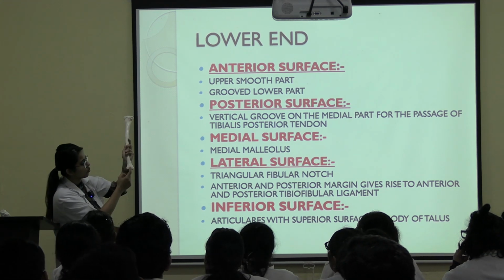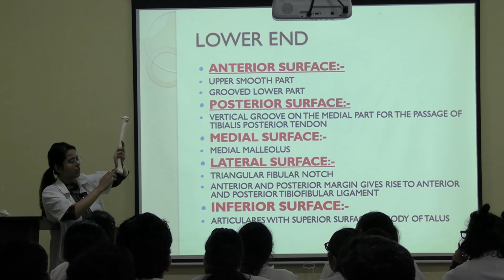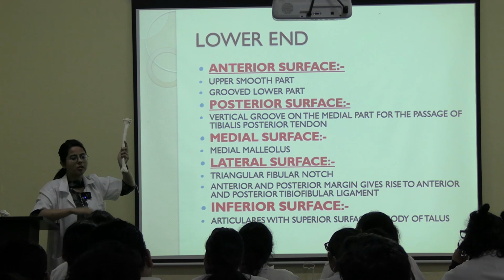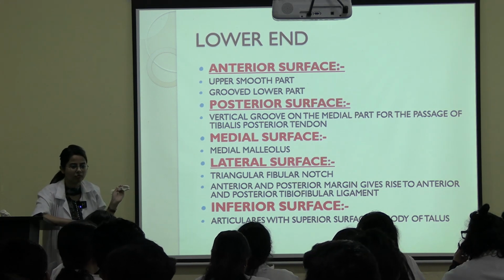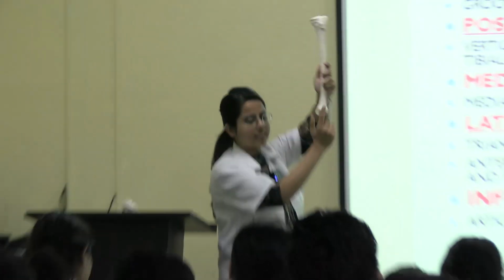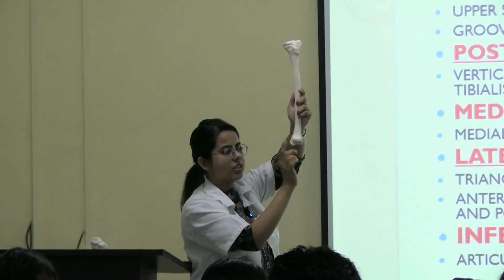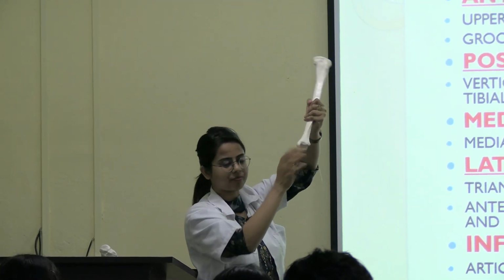Can you see one groove here? It is present in the medial part of the posterior surface. It is for the tendon of tibialis posterior. So I'm explaining again. This is the lower end, this is the anterior surface, this is the lateral, this is the medial, this is the posterior, this is the inferior.